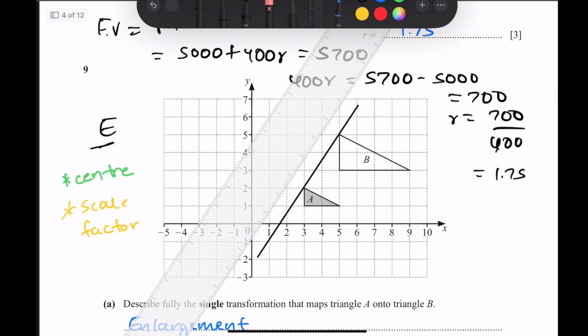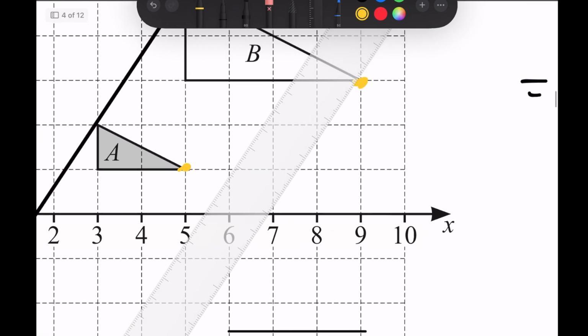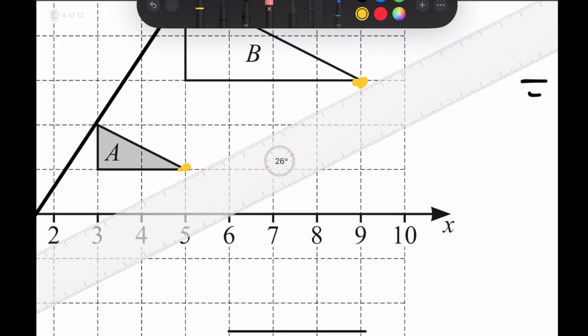We can take another set of points. So in this case, the bottom right points of A and of B, and we can draw a line that passes through them too. So if we zoom in again, try to get the ruler precisely right before we erase these 2 points.